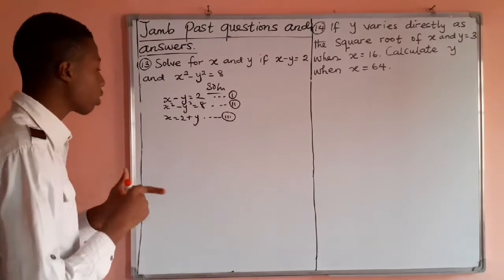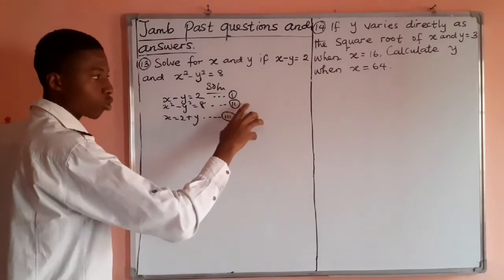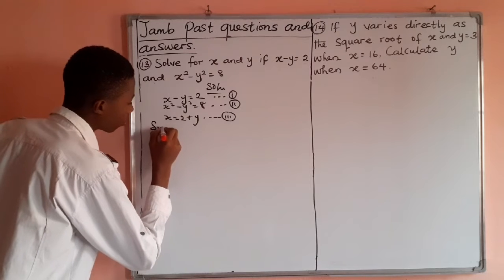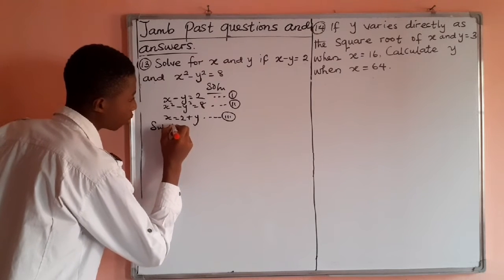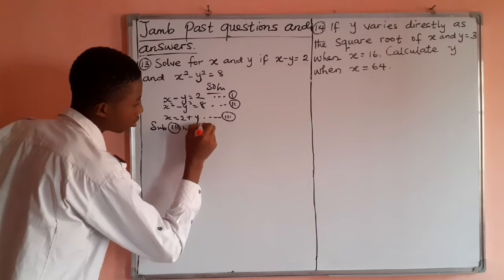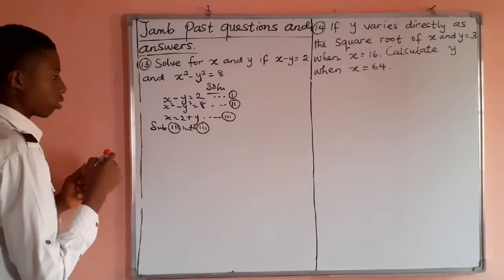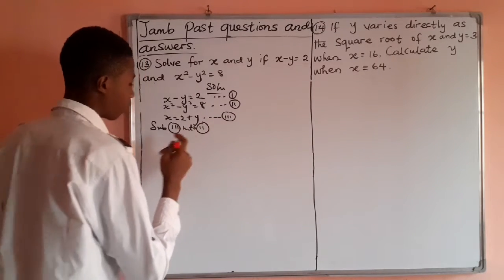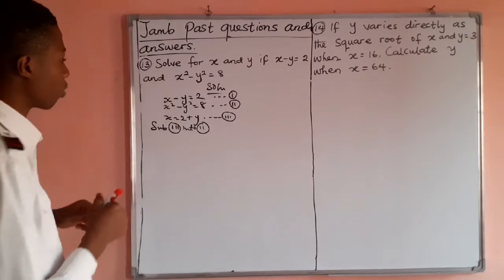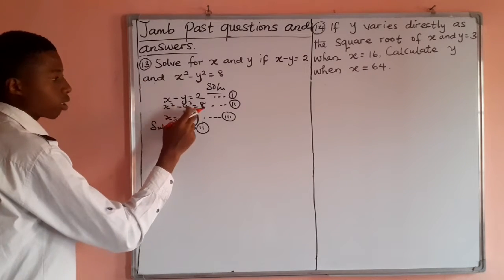Now, we have to substitute equation 3 into equation 2. This is x equals 2 plus y, and this is x squared minus y squared equals 8.